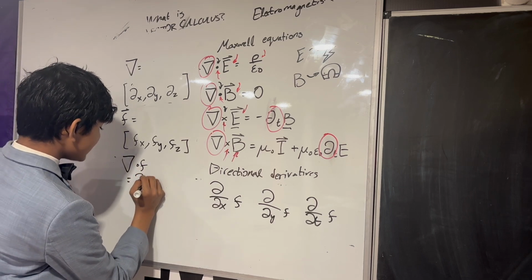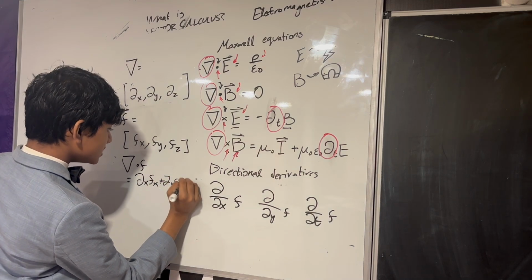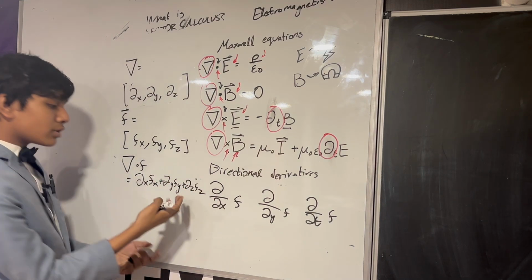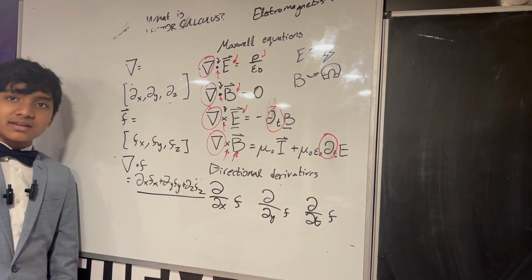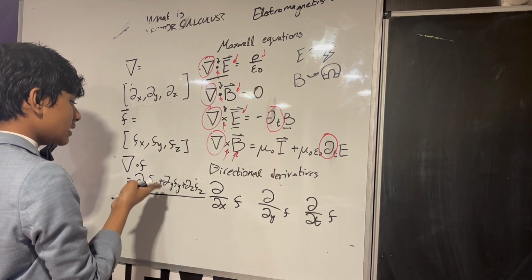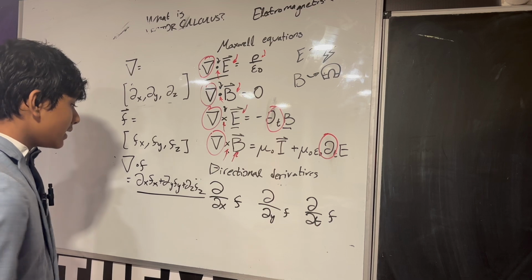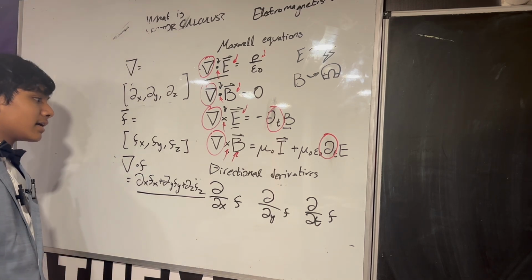It's partial x fx plus partial y fy plus partial z fz. But that one makes a lot more sense. This is an actually tangible physical quantity. So this is just our abbreviation for this much grosser term. But this actually has a geometric meaning, although we'll get to that next time.